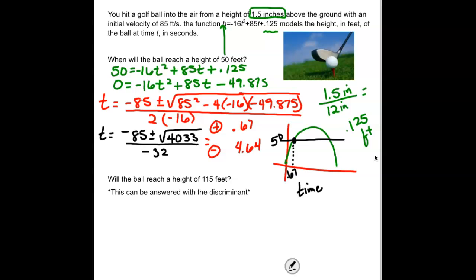And then it goes above 50 feet and comes back and is again at a height of 50 feet at 4.64 seconds. So that's why we're getting 2 answers out. So I would include both of these. The ball is at 50 feet twice, once on the way up and once on the way back down.